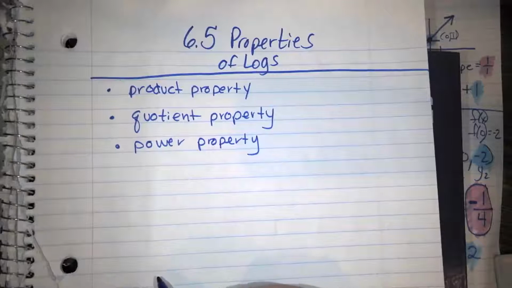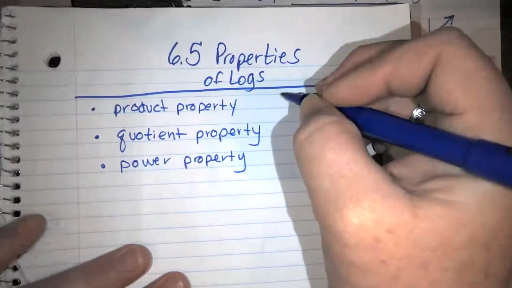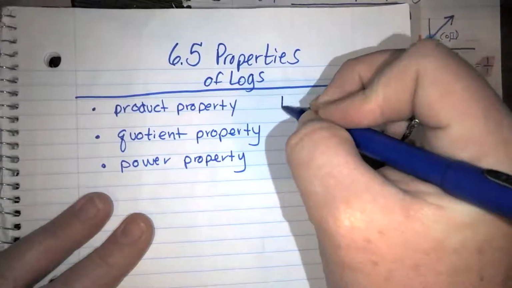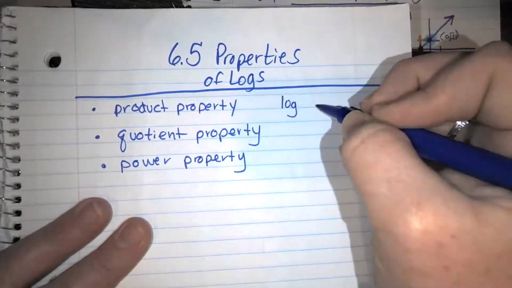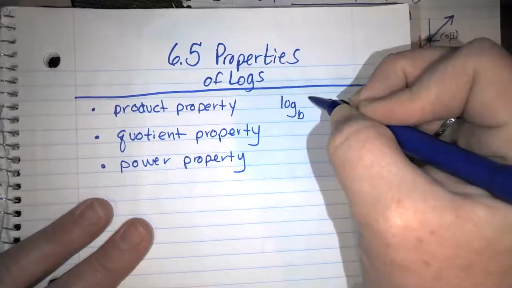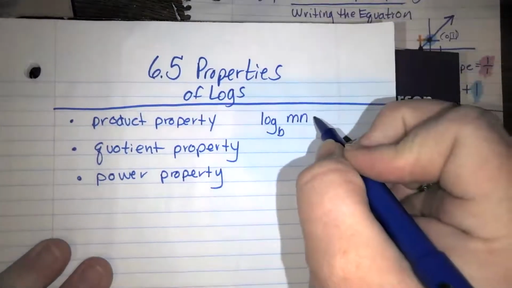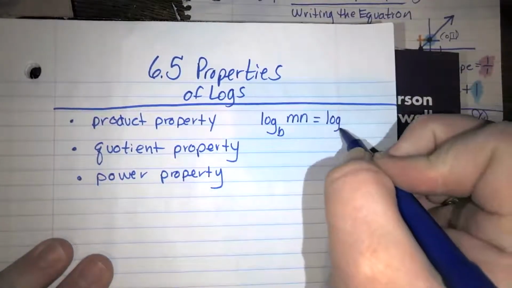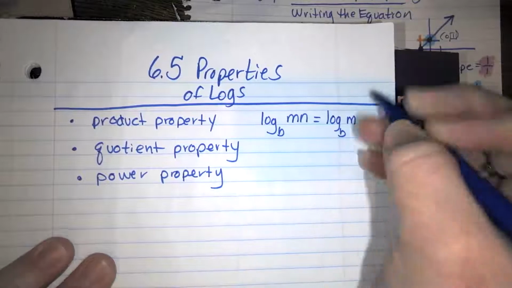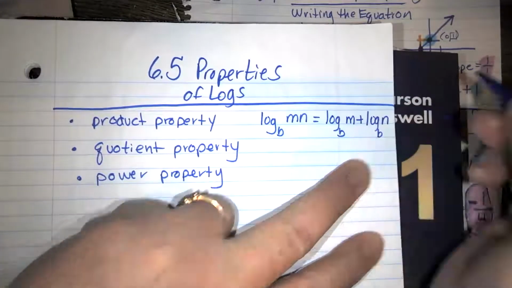So what we're talking about as far as being able to do the product, the quotient property, all these. I'm going to take just basic letters here to start out. So this is log base b of m times n, okay? mn can be written as log base b of m plus log base b of n.